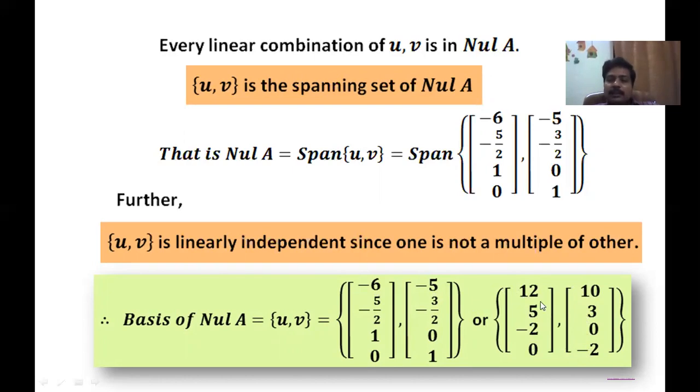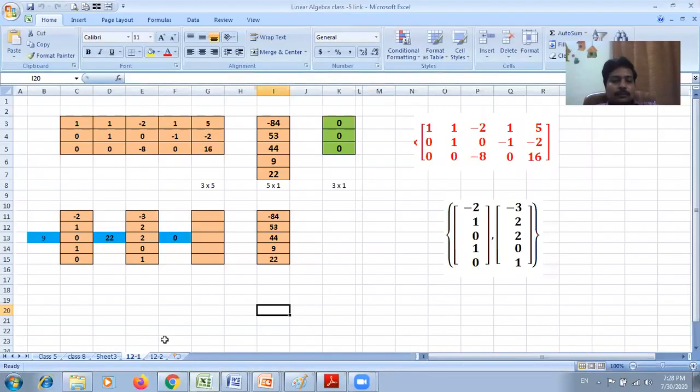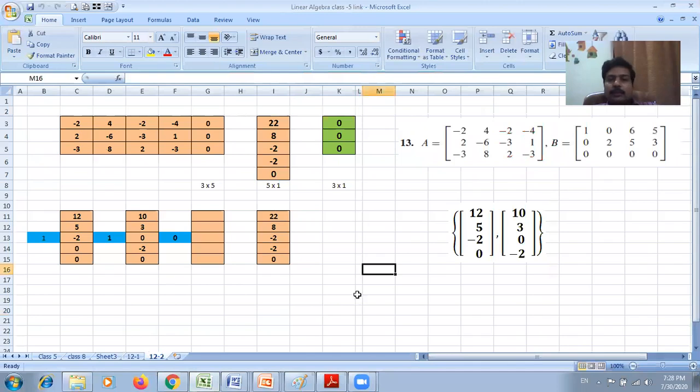Let us check whether these answers are correct or not. So this is the matrix. These are carried here. Now A is taken here. All the entries are posted here. And these two are my vectors in the null space of A. If I take 1 and 1, this is the resultant vector. If this is multiplied here, I am getting 0.